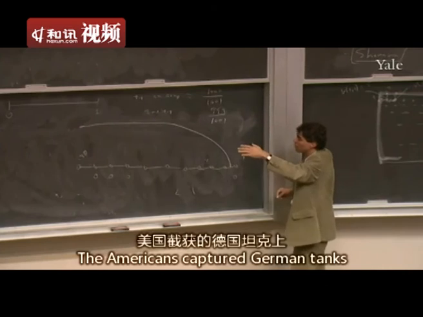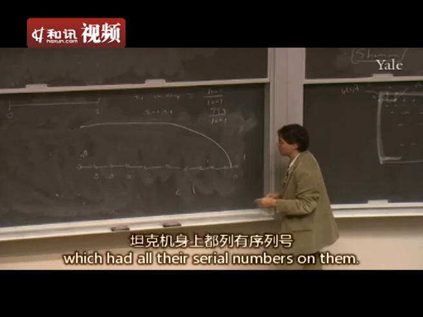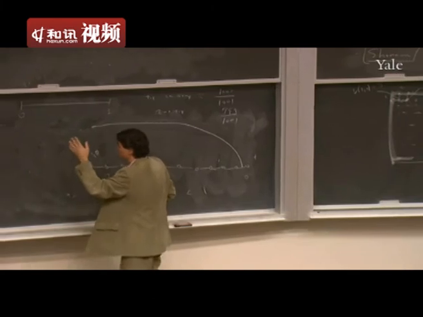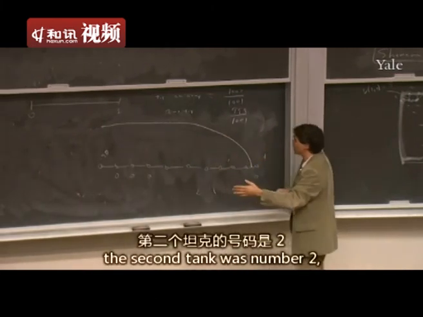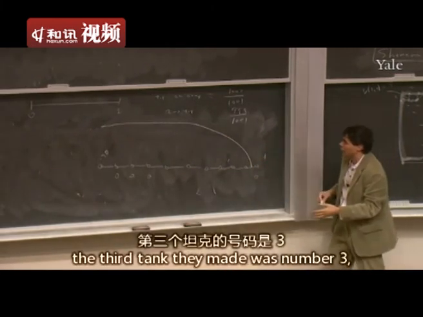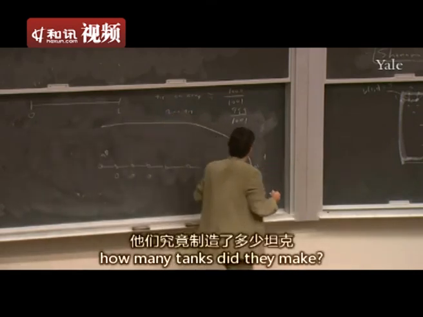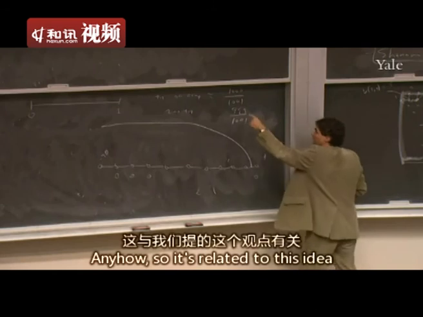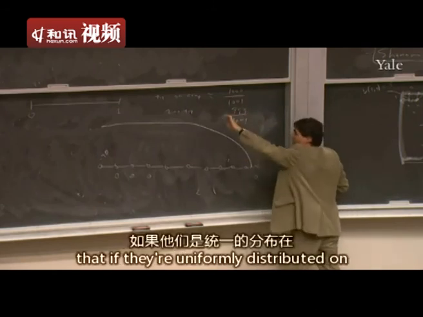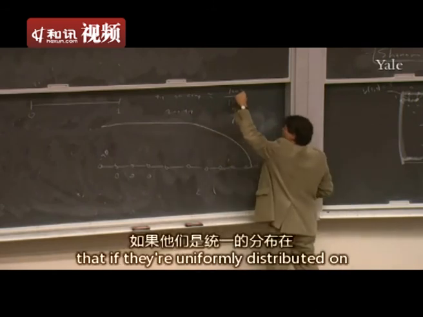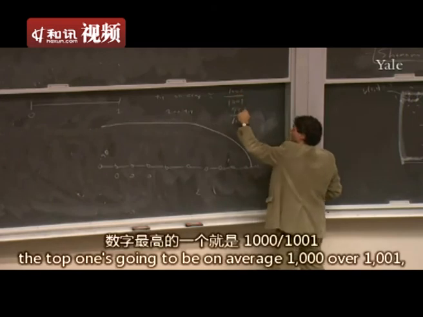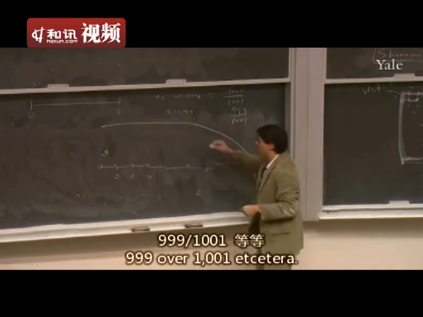The Americans captured German tanks, which had all their serial numbers on them. The first tank was number 1, the second tank was number 2, the third tank they made was number 3. So we captured a bunch of them, and then we had to guess how many tanks they made. It's related to this idea that if they're uniformly distributed on 0, 1, the top one is going to be on average 1,000 over 1,001, 999 over 1,001, etc.